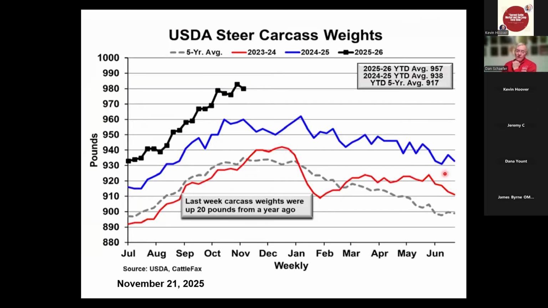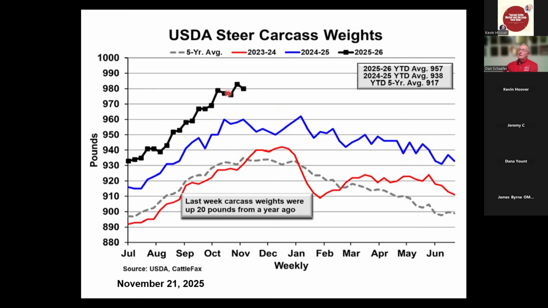Now, one of the modifying factors in the current U.S. beef situation is that carcass weights have been increasing, especially in 2025. They increased in 24, over 23, and again in 25. The cost of gain is less than the value of gain in current economic situations within the beef industry.